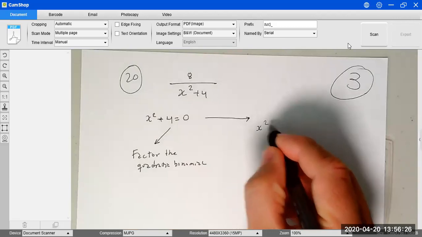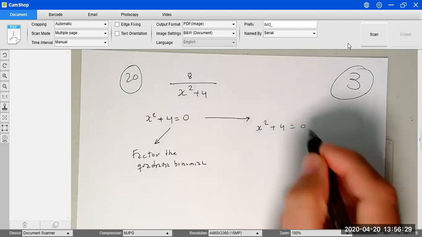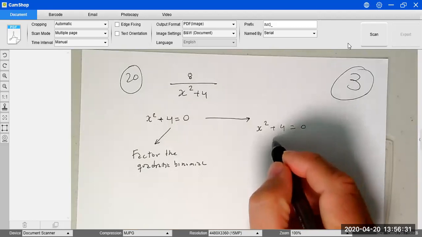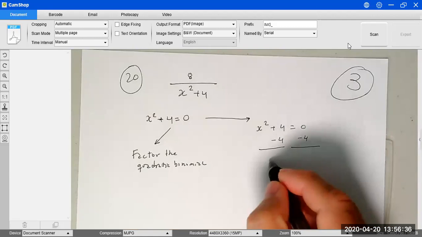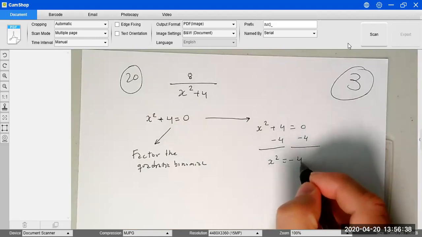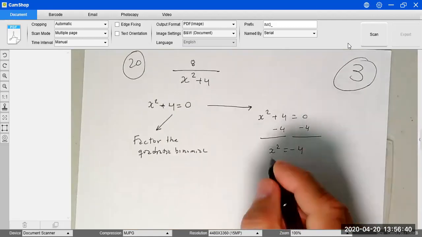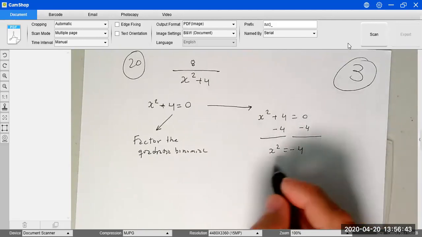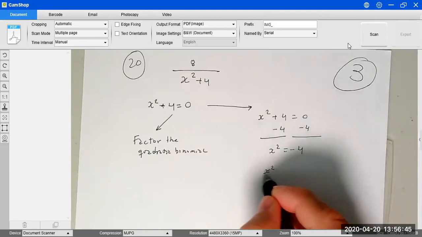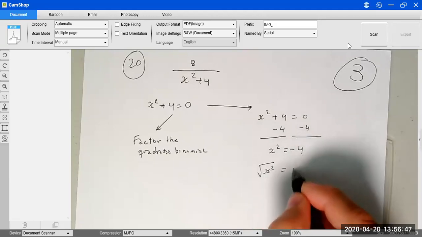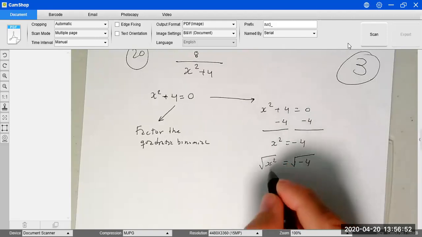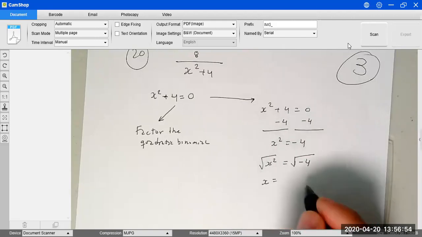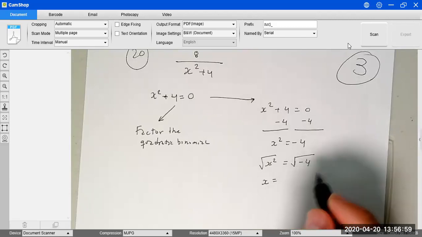So when you have x squared plus 4 equal to 0, you maybe were tempted to subtract 4 from both sides. So you end up with x squared equals negative 4. And then you thought maybe if I take the square root on both sides, I'm going to find the solution. From the left hand side, you're going to get x. But from the right hand side, you cannot get the square root of a negative number.